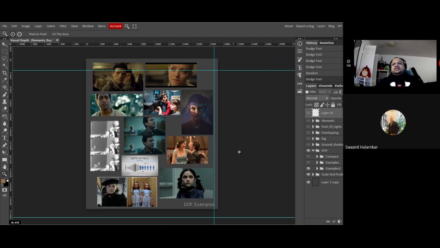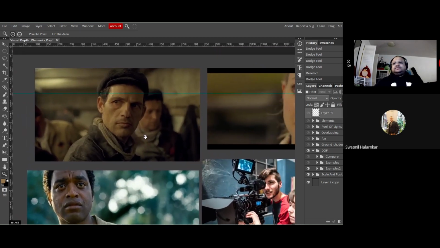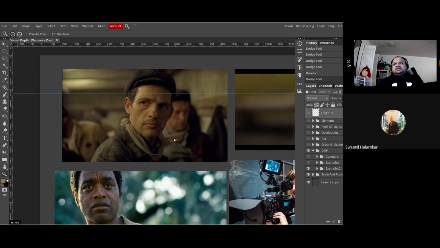So defocus has a lot of other things. Defocus can help us a lot in focusing on the character's emotions, what he's thinking, because other things are not that important, and the camera is actually focusing on the character itself, and we can see his emotions.